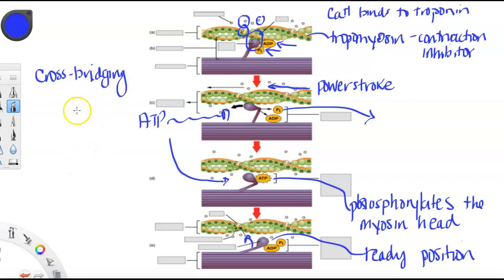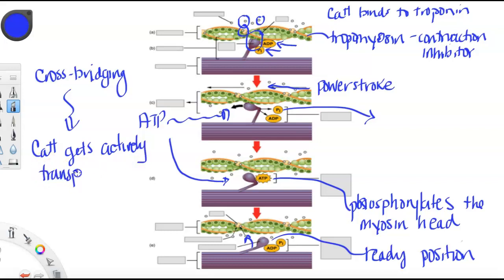Okay, so after cross-bridging happens, the calcium gets actively transported back into the SR. And once that happens, there's no more calcium, no more way for the troponin to get the tropomyosin out of the way.